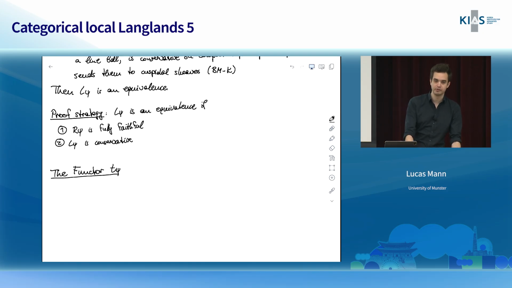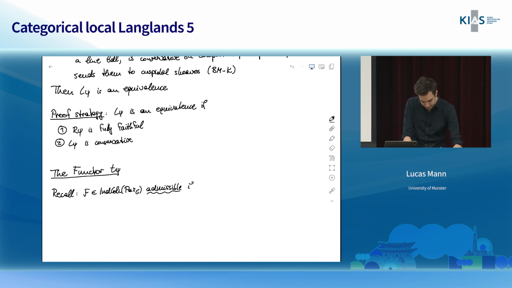So this used this notion of admissible sheaves on the L parameter stack. So let me recall. We call F, which is an ind-coherent sheaf on Par G, admissible if this R-Hom from any coherent sheaf to F, so this is a priori some derived Q_l bar vector space, is perfect for all coherent ones.